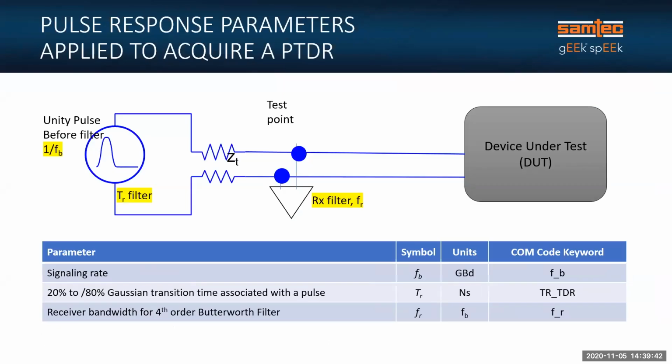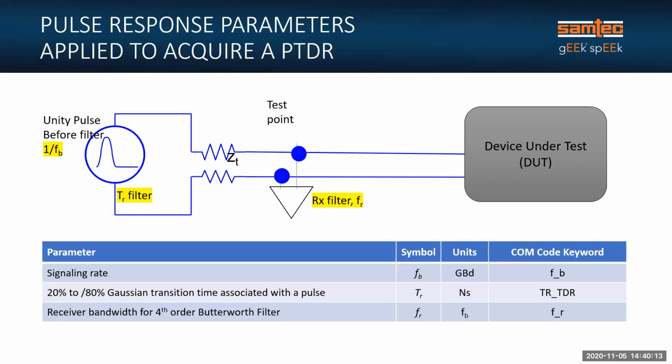So the first setup is the signal rate and the Gaussian transition time between 20 and 80%, and the receiver bandwidth, which is in terms of the signal rate, FB. So these are the units and values, and there will be a keyword in COM associated with each that you'd use in a spreadsheet.